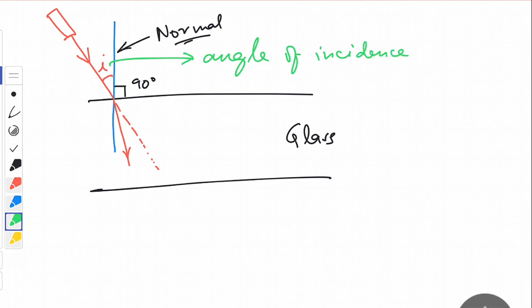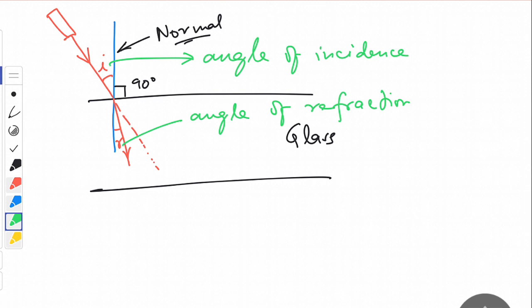You don't have to take notes, just observe it, and later on I'll give you time to take notes, and I'll tell you how to take notes. So this is called the angle of incidence, and this angle here, I'll call it R. This angle is called the angle of refraction.